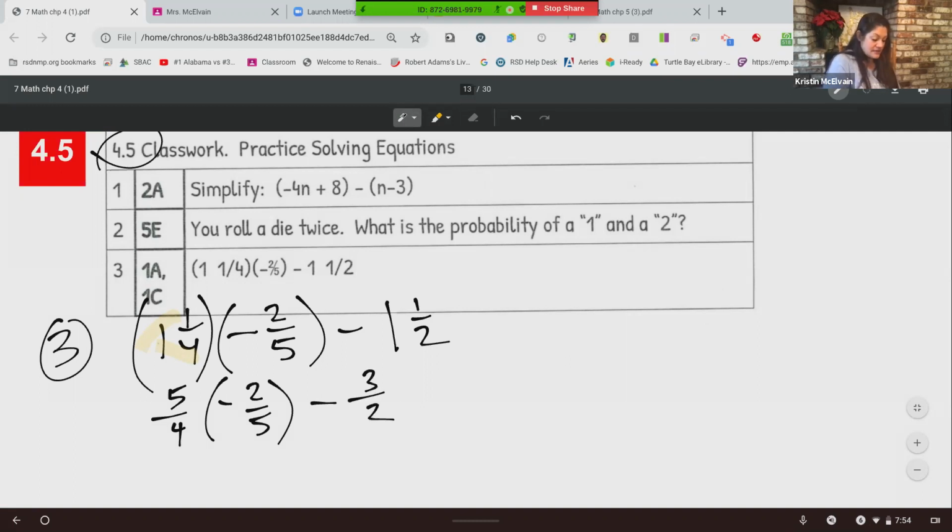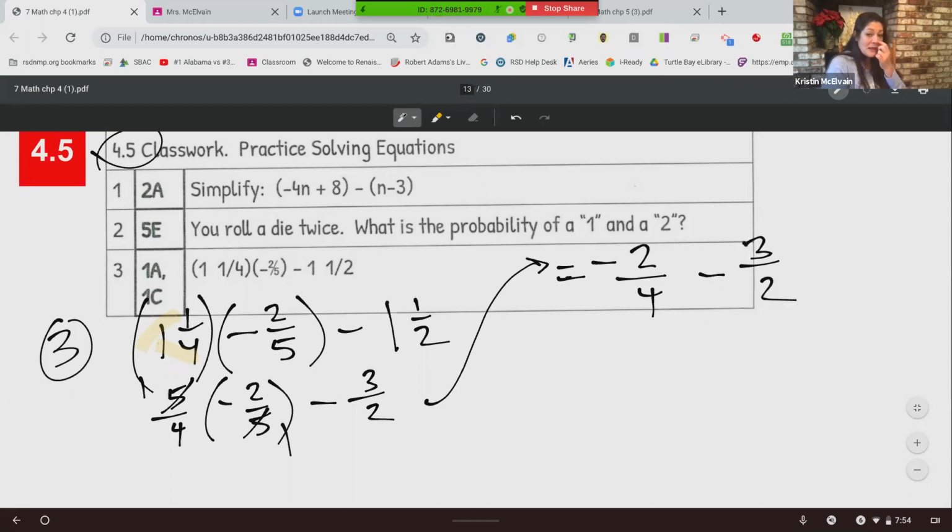Right? So looking at this, I can simplify. 5 goes into 5 one time. Gives me negative 2/4 minus 3/2. Here's what's nice.